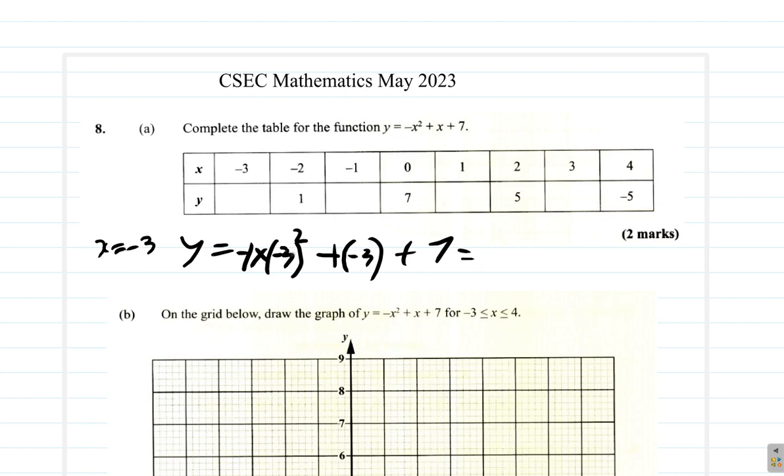Negative 3 squared is positive 9. So this is like negative 1 times 9 plus negative 3 means minus 3 plus 7. See that? Equals negative 1 times 9 is negative 9 minus 3 plus 7.